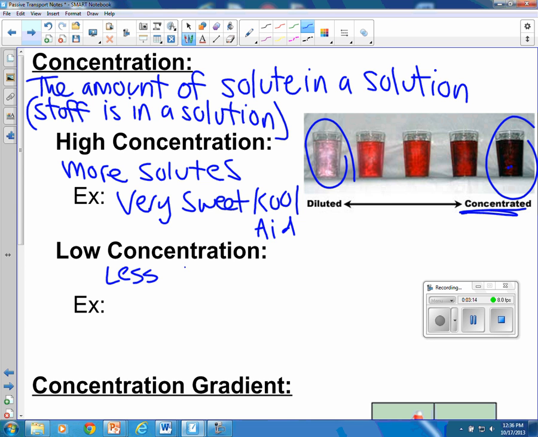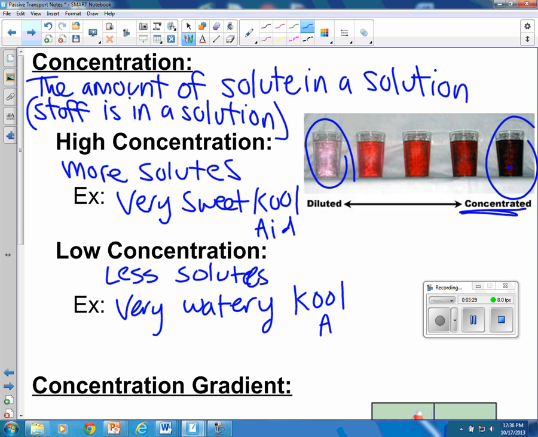It has less of the stuff that's being dissolved compared to water. An example would be very watery Kool-Aid or very watery hot chocolate. That has a low concentration. You can see over here the word diluted. Diluted means very watery. It has a low concentration.